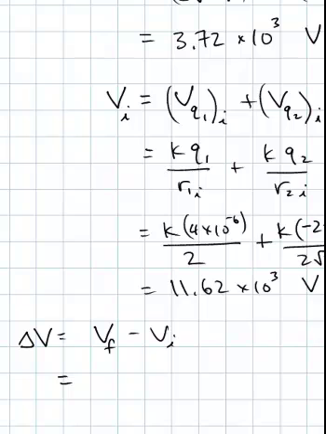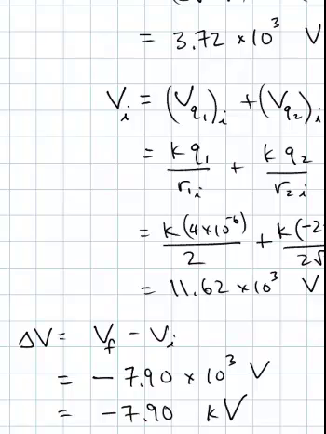We're going down the potential hill, as I like to think about it. And that's important when you're trying to figure out the sign of the work done. So I do the subtraction. I get negative 7.90 times 10 to the third volts, or another way of writing that, negative 7.9 kilovolts.